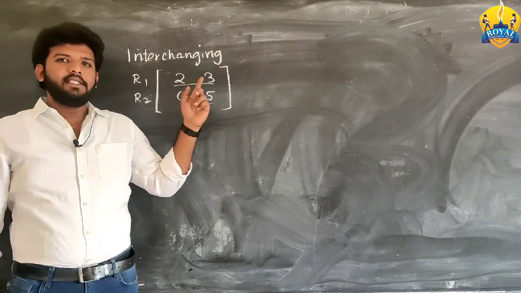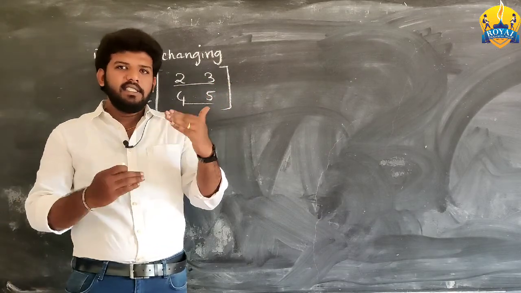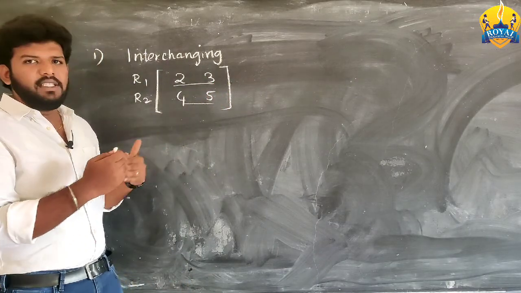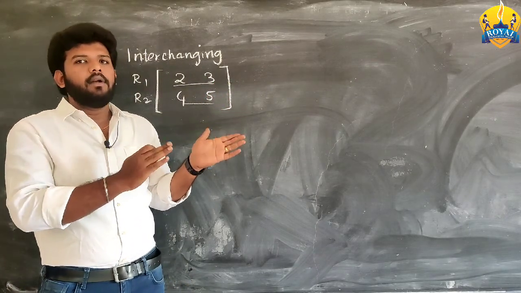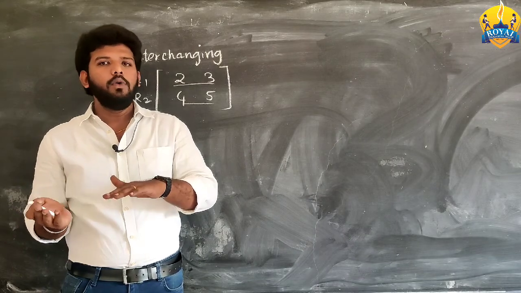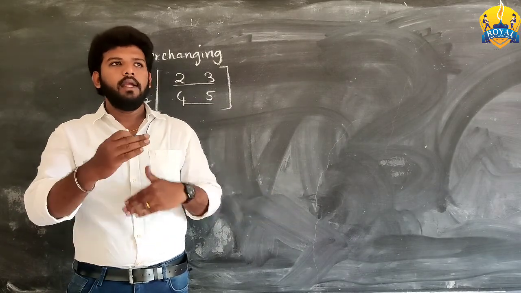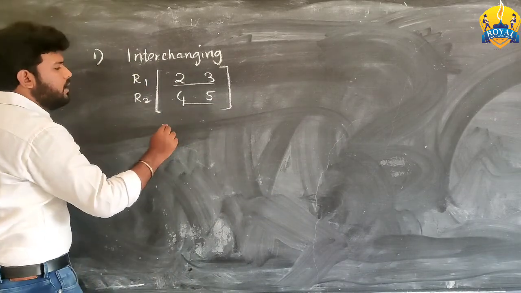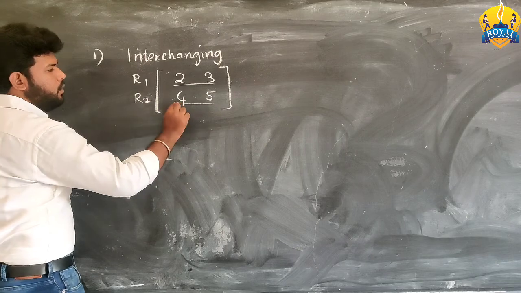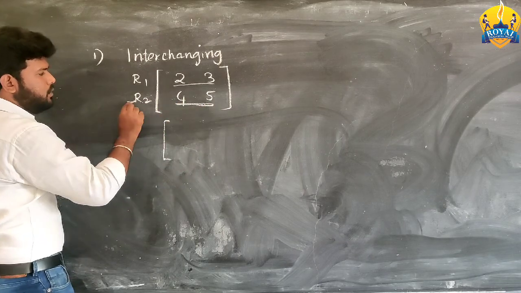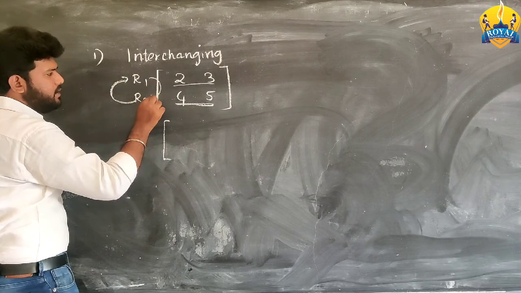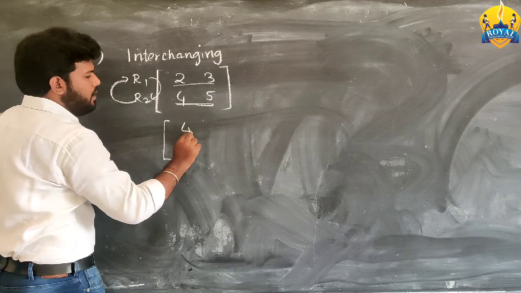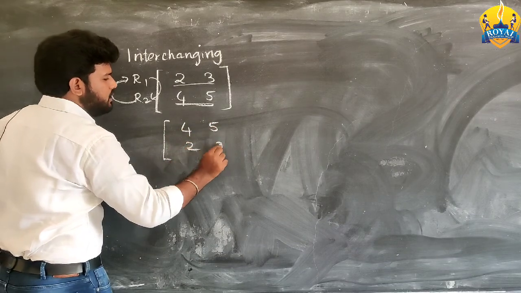Interchanging is just changing the place. After interchanging, row 1 goes to row 2 and row 2 comes to row 1, so the matrix becomes 4, 5, 2, 3.